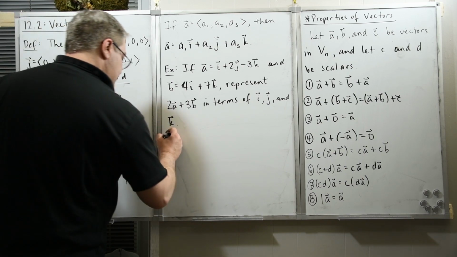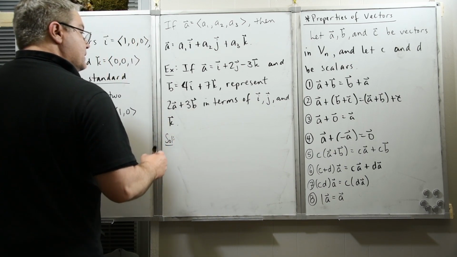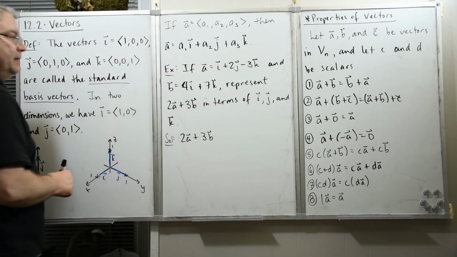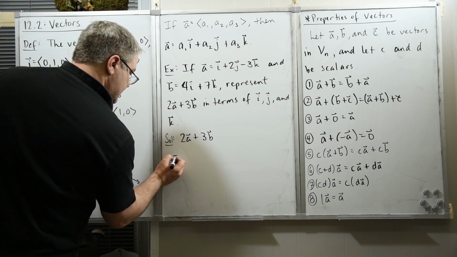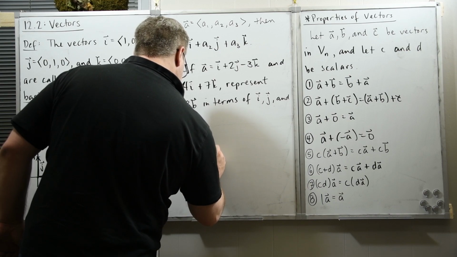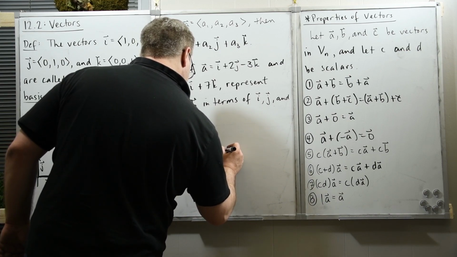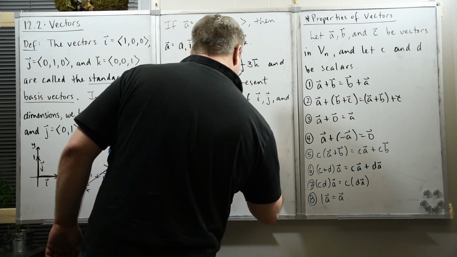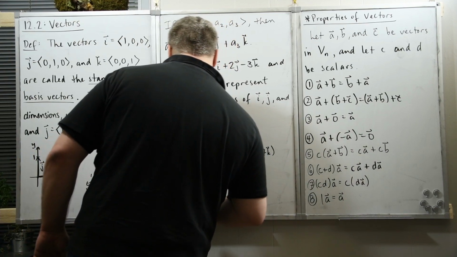All right, so the way this goes is that if we take 2a plus 3b, that's going to be the same thing as 2 times the vector I plus 2j minus 3k plus 3 times the vector 4i plus 7k.